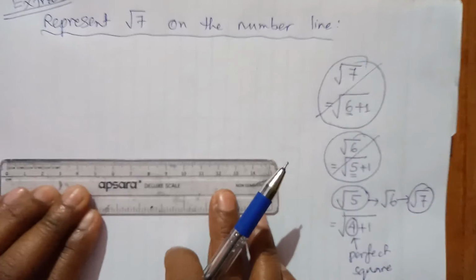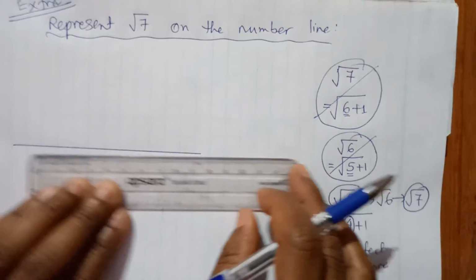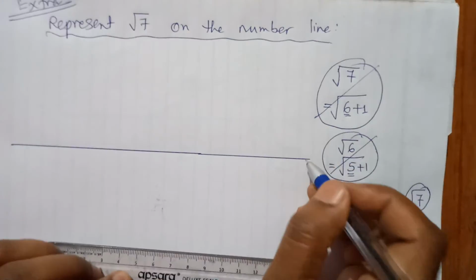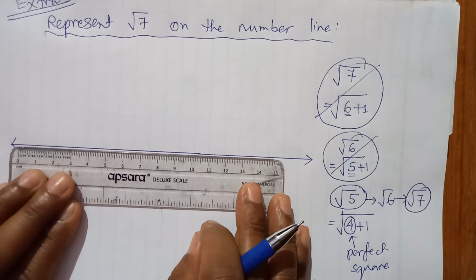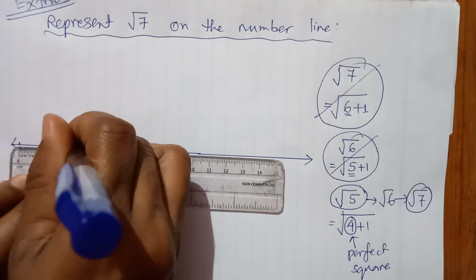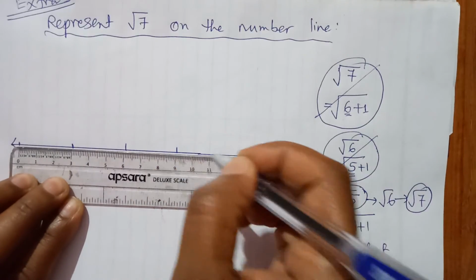Again draw the number line. Make the divisions of 3 centimeters. Place the scale. Take 3 centimeters as 1 unit or 1 division.